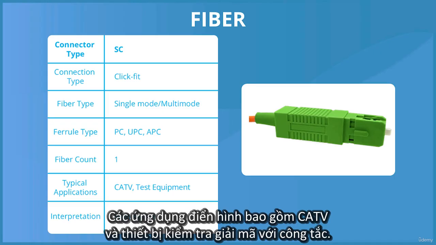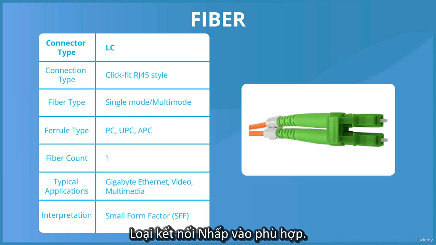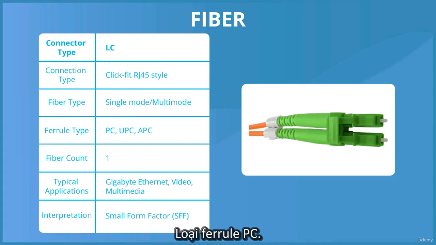Interoperable with switch. Connector type LC. The connection type is click fit, RJ45 style. Fiber type single mode, multimode. Ferrule type PC, UPC, APC. Fiber count 1. Typical applications Gigabit Ethernet, video, multimedia.